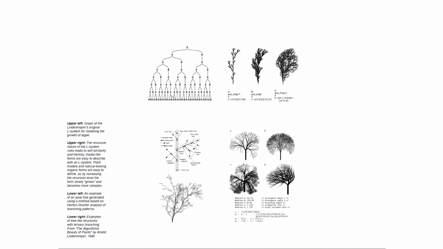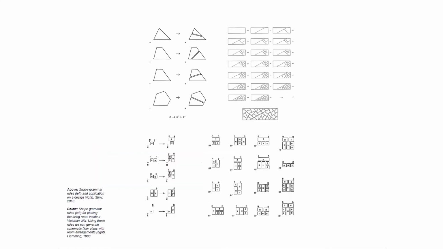The variety is very, very large. Okay, axial tree, and this is called the Horton-Strahler analysis of branching patterns. The book was written 30 years ago, so these are not really new topics. They are already well researched.